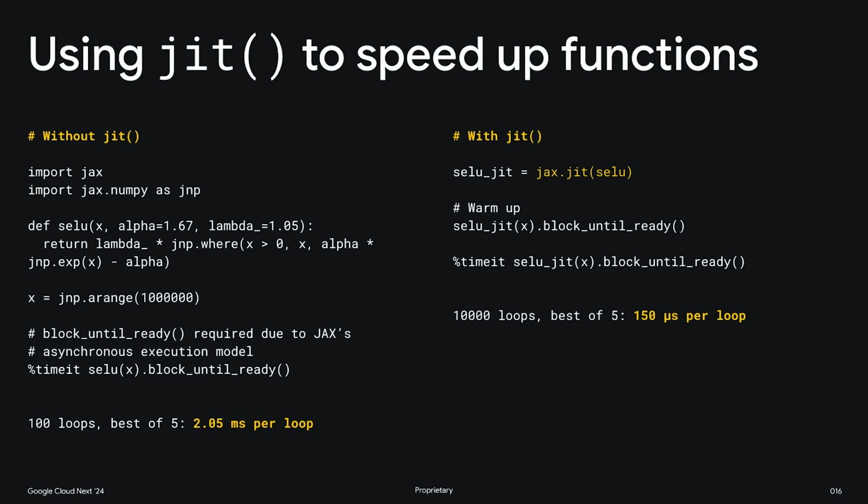Okay? When we do use JIT, we take that same CELU function, we apply JIT, and there's different ways to do it. We could have used a decorator for this. We do some warm-up to go through the just-in-time compile, and then it's 150 microseconds per pass through the loop. So incredible speed up. And all we did was JIT.